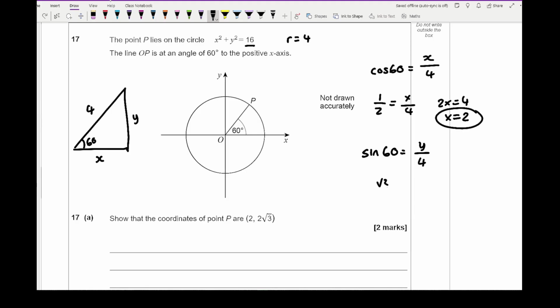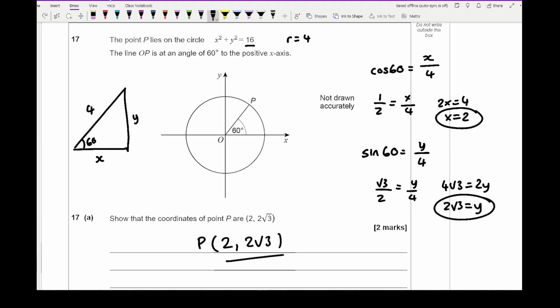So that's root 3 over 2 equals y over 4. Doing a cross multiplying again, we get 4 root 3 equals 2y. And then divide both sides by 2. We end up with 2 root 3 equals y. So therefore P is at 2, 2 root 3. I'm sure there's probably a quicker way of doing it, but that's the route that made sense to me.